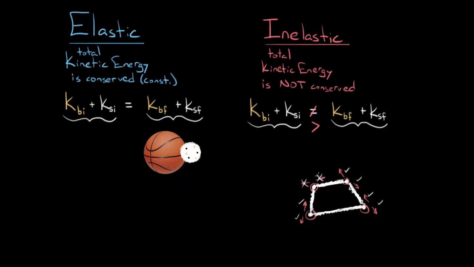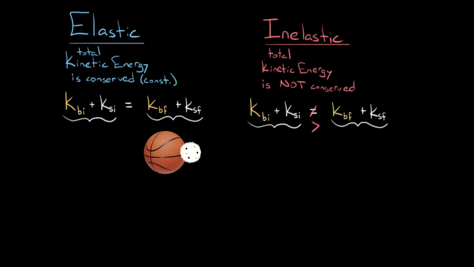In other words, we're not going to include the random jiggling kinetic energy that these atoms and molecules have in this calculation over here. Otherwise, basically every collision would be elastic because that macroscopic kinetic energy turns into microscopic kinetic energy. But up here, we're talking about the macroscopic kinetic energy of that entire object moving in a certain direction. So to make this clear, let's show an example with some numbers here.